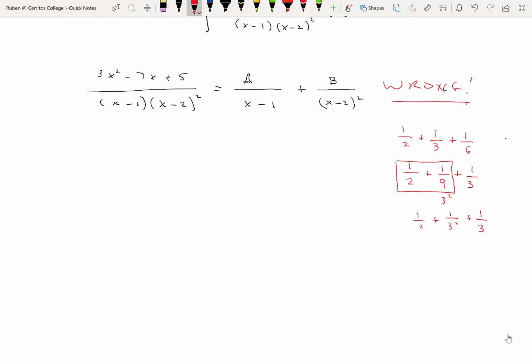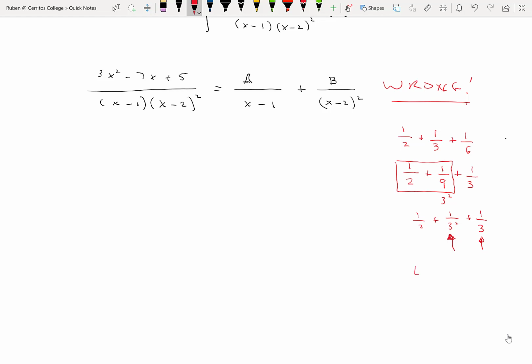My point is, when you're adding the fractions together, the least common denominator has to include the highest power that you get in factoring the denominator completely, but it has to include every power below that in the factorization of the denominator.